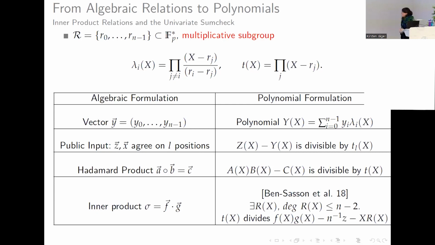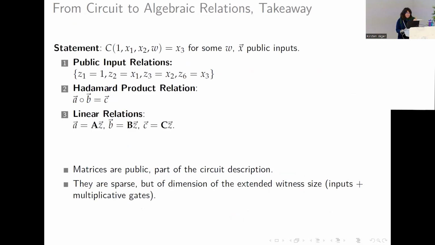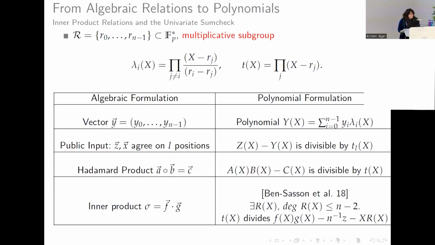Now I want to highlight one thing here, which is that as you can see in this list, this tells me how to prove certain things. It also tells me how to prove one inner product relation. But in reality, I need to prove many linear relations, okay? This is not that I forgot to put it here, but there is really no known way to do this in a non-interactive way. There is no clear algebraic translation on how to prove many linear relations.